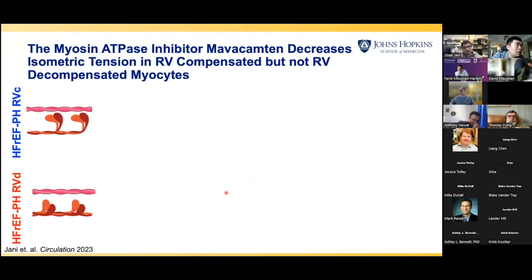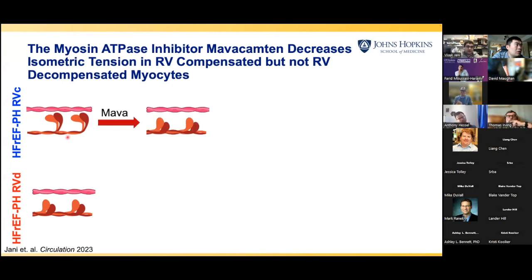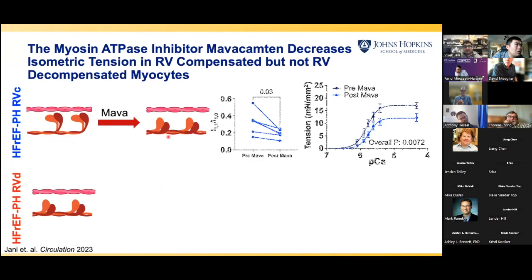The first, we took muscle or cardiomyocytes from both groups of patients, and we treated them with the myosin ATPase inhibitor mavacamten. Our idea was that in these RV compensated patients, who have a normal equatorial intensity ratio compared to controls, mavacamten should bring it down. And we expected to see, and we did observe, a decrease in the equatorial intensity ratio and a concomitant decrease in isometric tension.